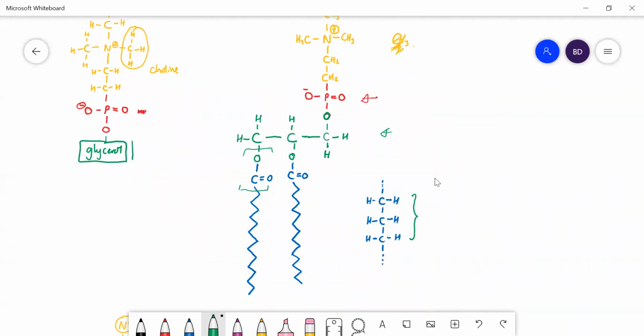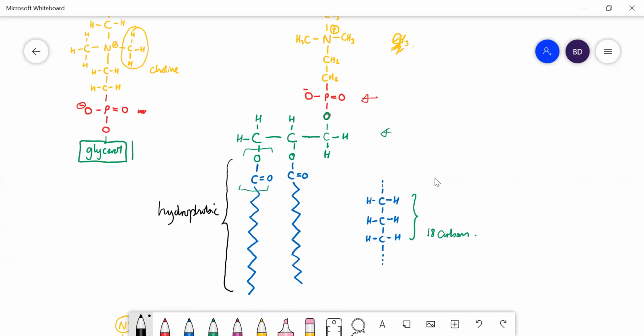They're long, typically about 18 carbons long, between 14 and 20. That's important because this part of the molecule is all carbons and hydrogens. That means it is going to be hydrophobic. That will not be water soluble at all.